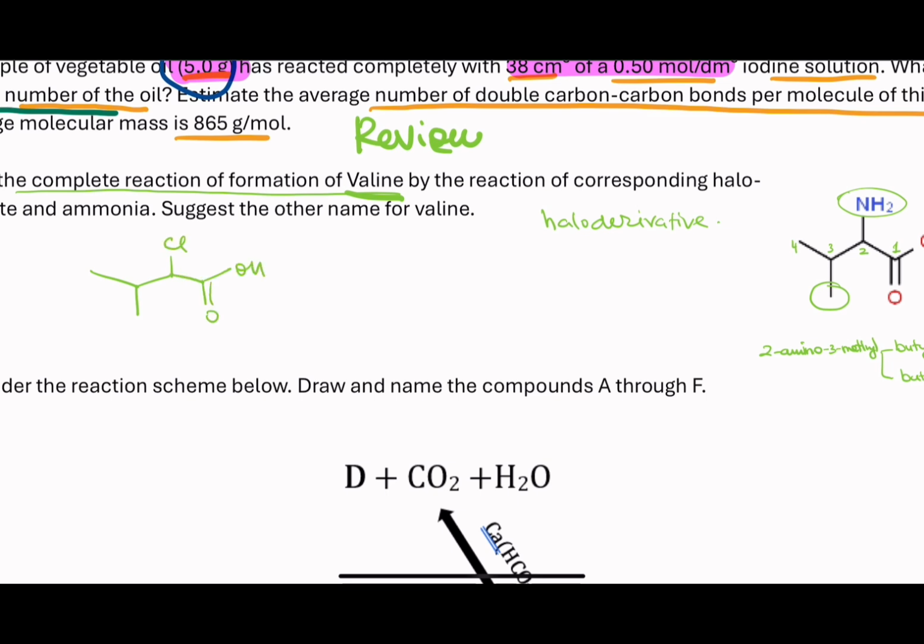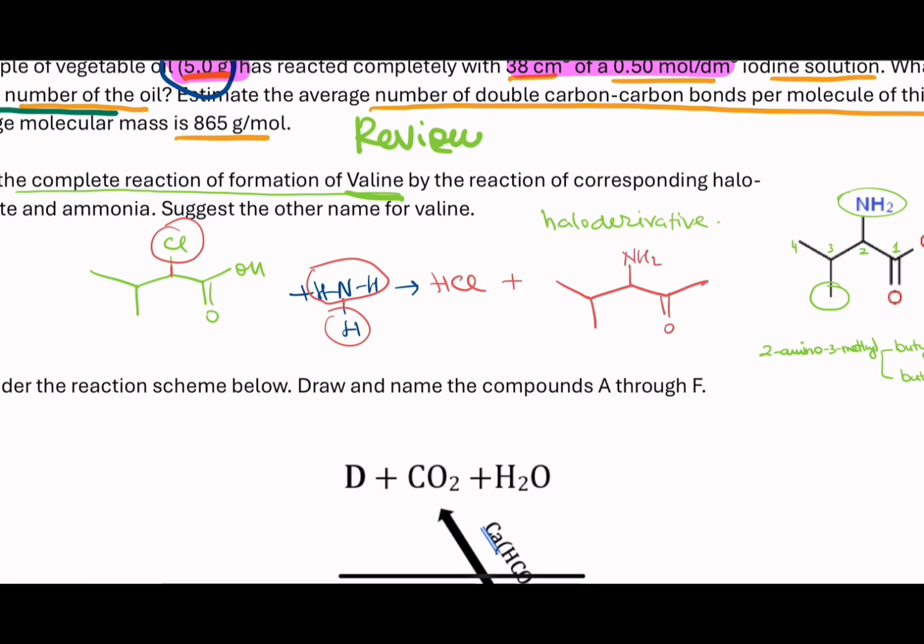Now if I'm going to add ammonia to it, NH3, chlorine and hydrogen together will make hydrochloric acid, and then this bond in here, the one that is broken, will attach the amino group to itself.